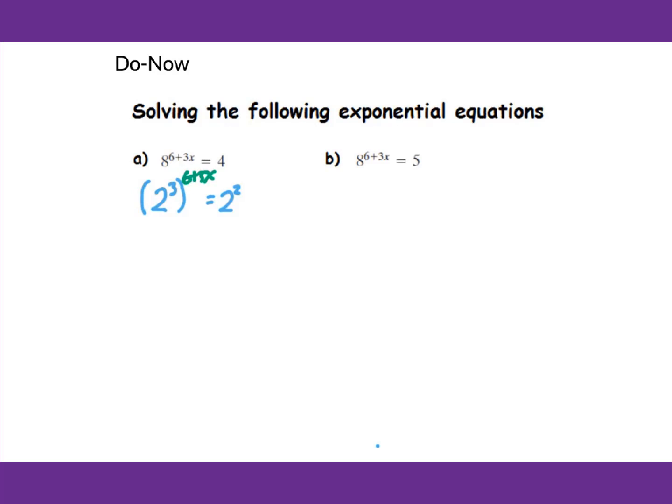For B, for this 5 and 8, we cannot find any common base. Therefore, for this B, we have to use logarithm to solve. In a word, for A, without logarithm, we can solve this exponential equation. For B, you have to use logarithm to solve this exponential equation.